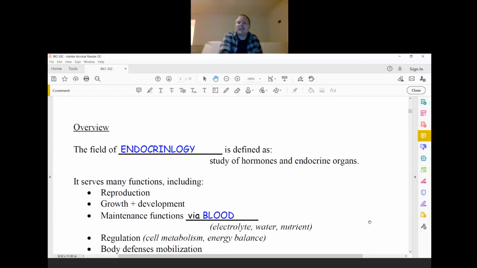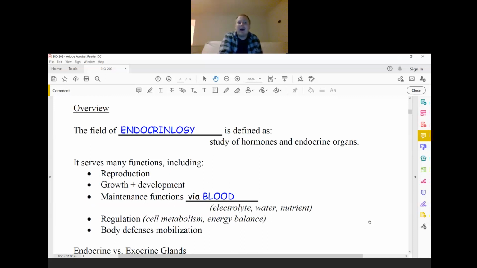This is kind of also still setting our scene for the endocrine system. When we talk about the field of science where we study the endocrine system, we talk about endocrinology. So that's the field of studying hormones, studying endocrine organs that produce and organs that receive hormones, and how these processes take place.